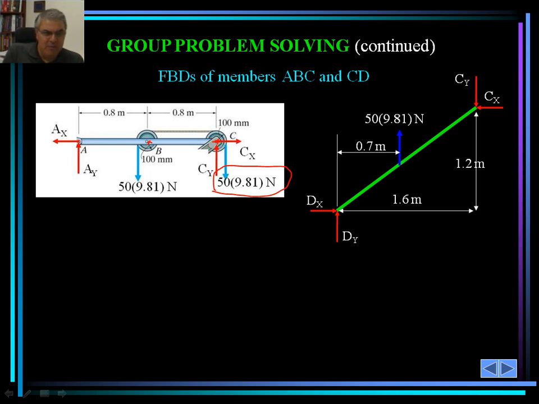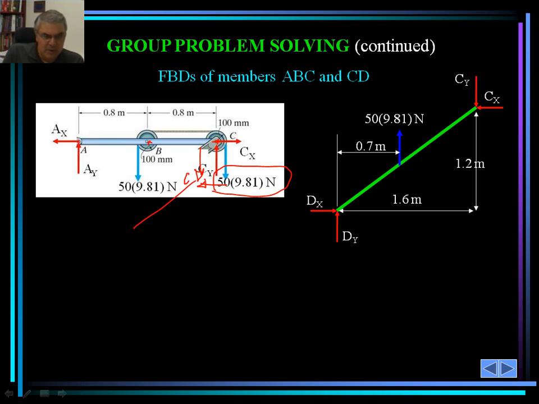So for member ABC, then for member CD, we show C sub Y and C sub X the same magnitude but opposite in direction. On the other side, we make the cut right here. So we are going to have one C sub Y downward acting on this side, and we're going to have a C sub X acting at that location.